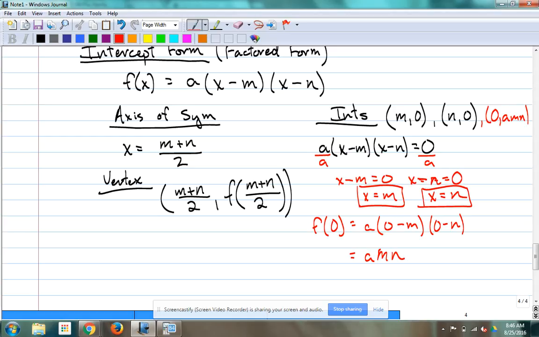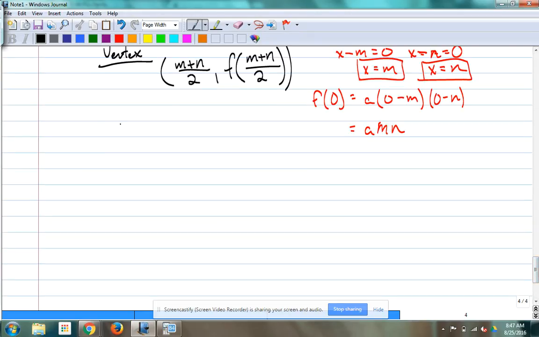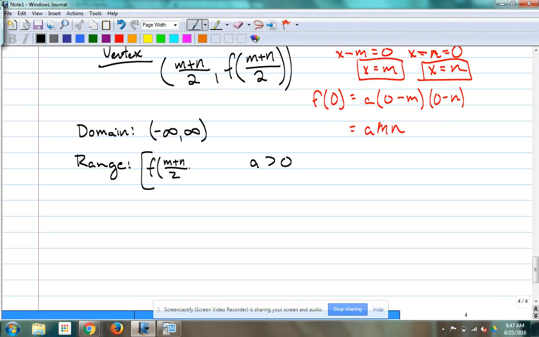Okay, let's get a problem that's in that form. Oh, we have to do domain and range. I forgot that. That's important. Domain's easy though. What's the domain? Now the range. If A is positive, it's going to be from whatever f of (M plus N over 2) is to infinity.